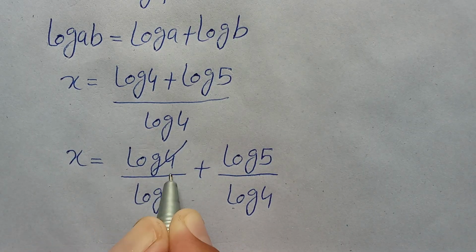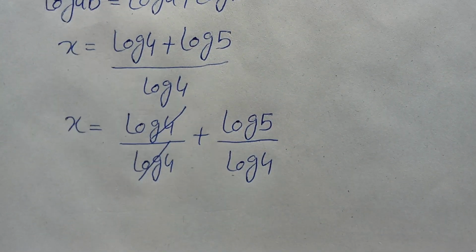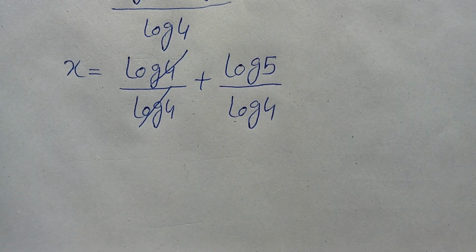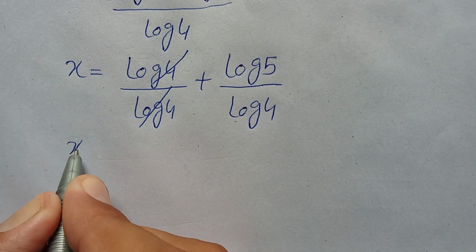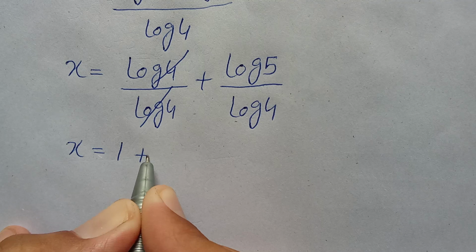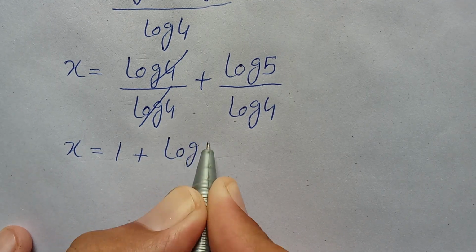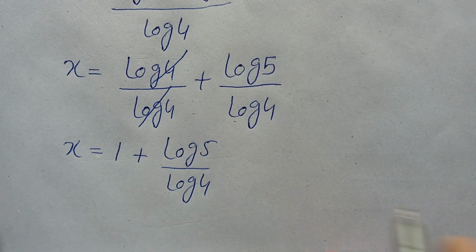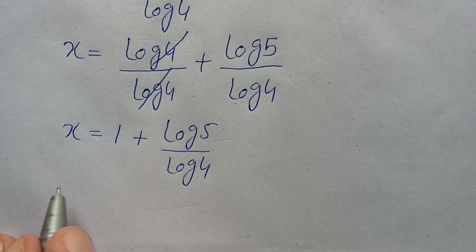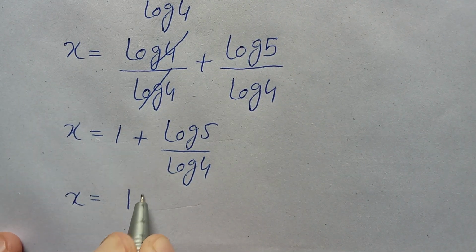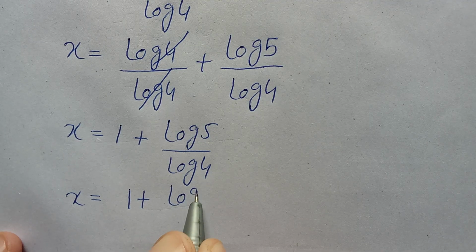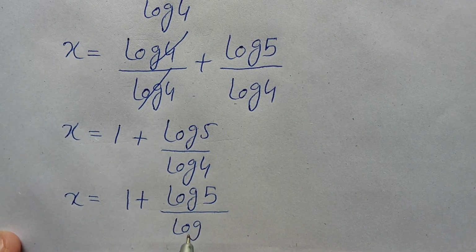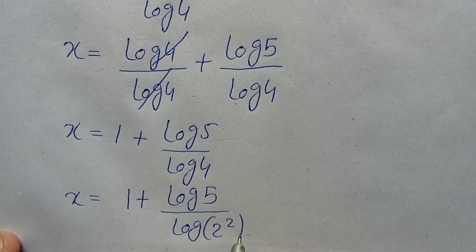Log 4 and log 4 cancel with each other, and it becomes x is equal to 1 plus log 5 divided by log 4. In the next step, we can also write log 4 as log 2 to the power of 2.